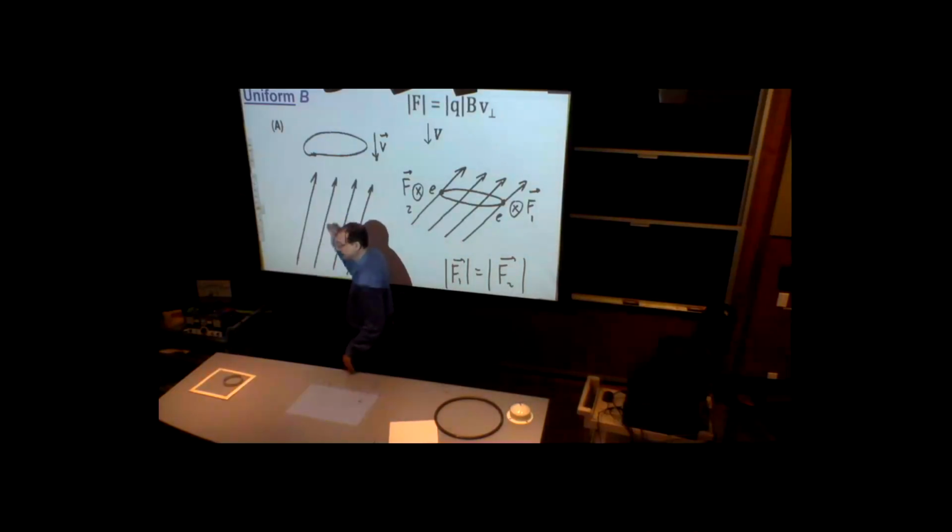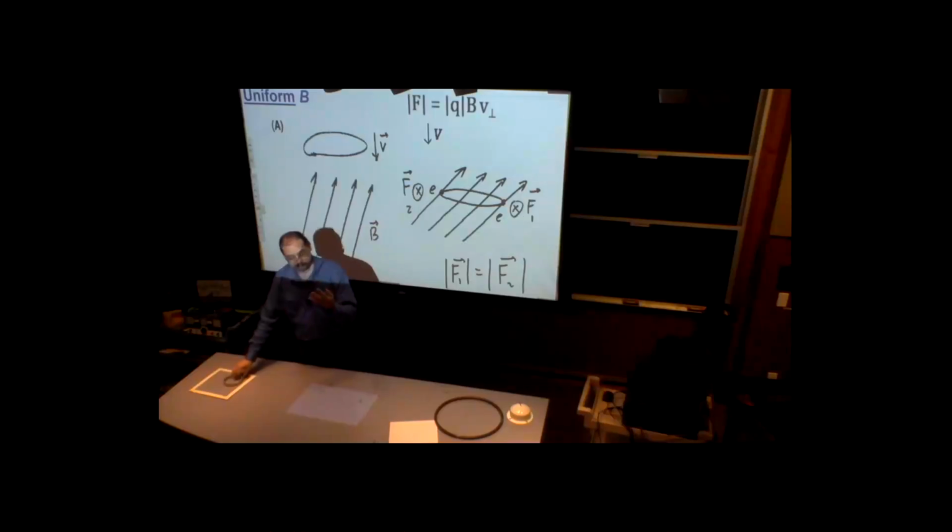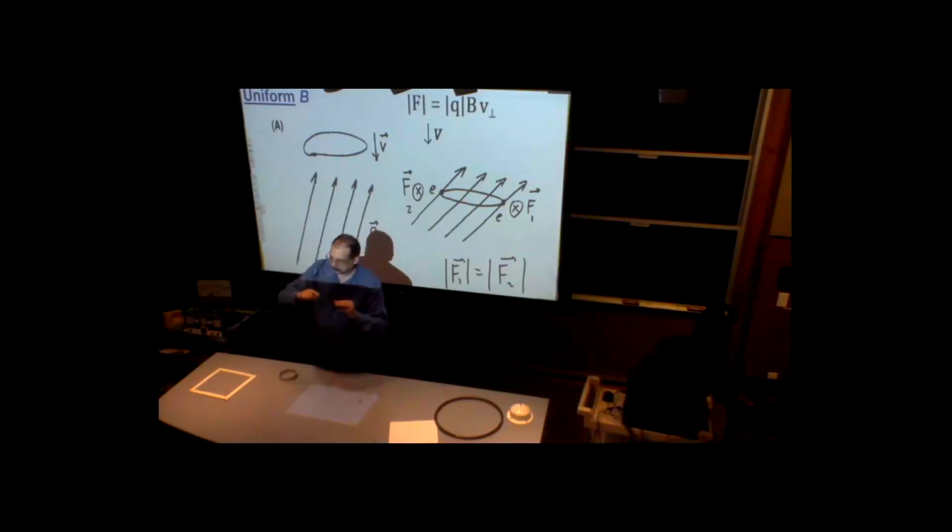Same direction, same magnitude. So like this. Okay. The loop travels. So if we use our imagination, we extend those magnetic field lines, and no matter how fast or slow it travels, no matter where it is, the number of magnetic field lines through the loop doesn't change.